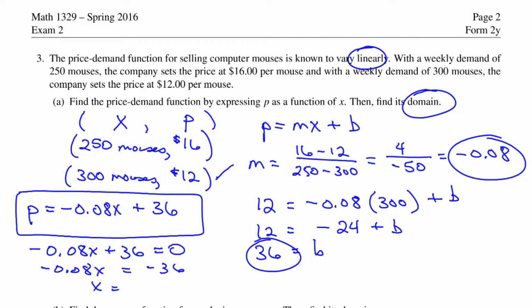And you get 450. So that turns out to be the maximum number of mouses that you can sell. And so the domain goes from 0 to 450.